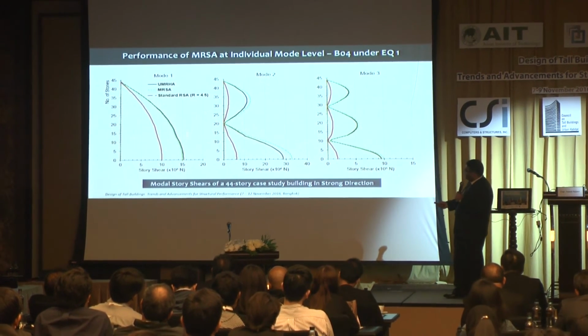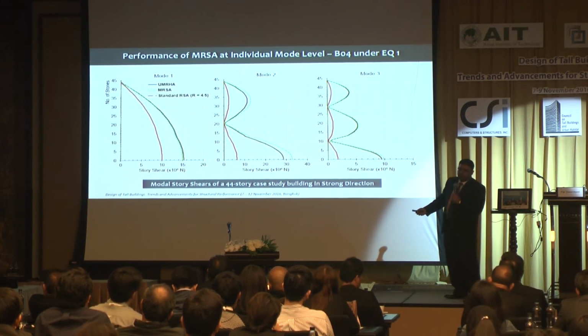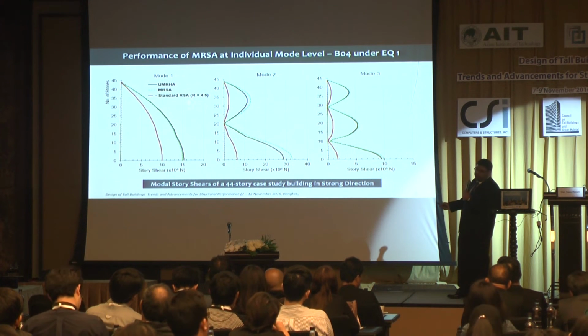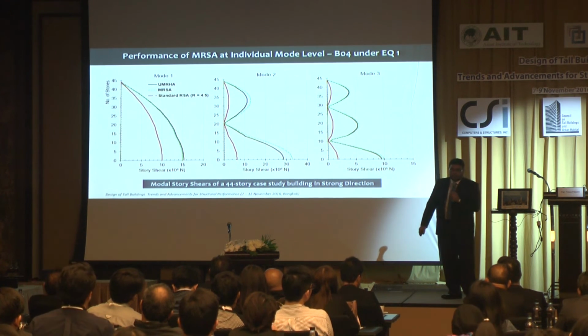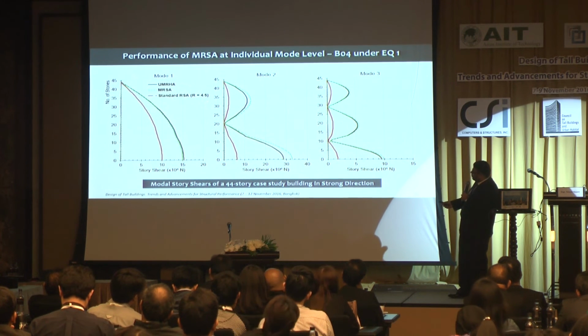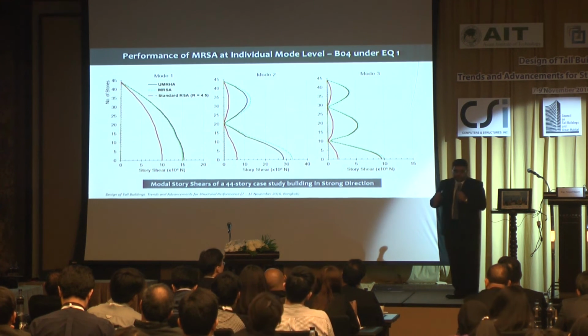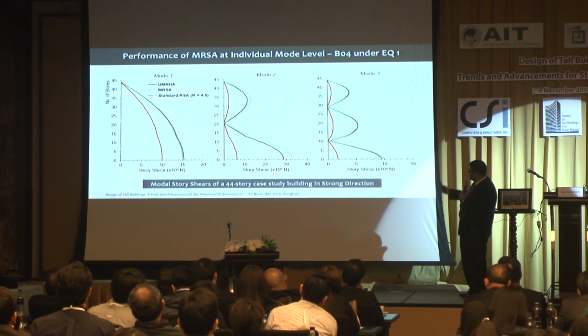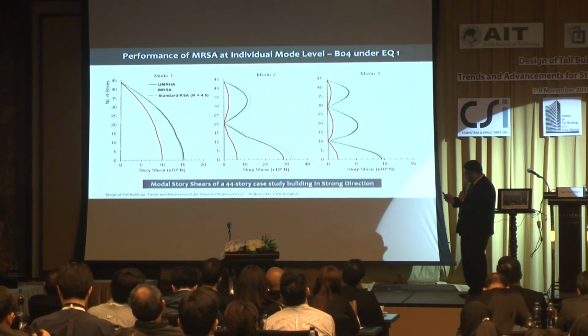For the first mode, maybe the error is okay, but the second and third modes surely don't deserve the reduction prescribed by standard RSA. But our modified response spectrum analysis is able to capture that effect for one ground motion set.